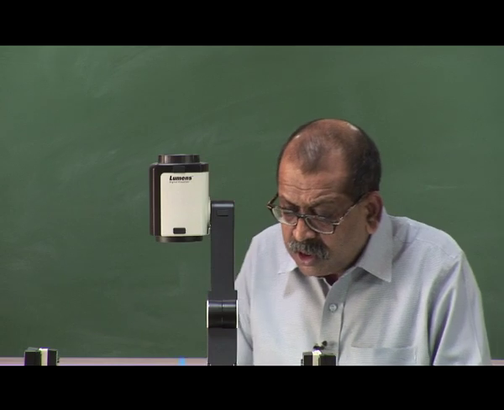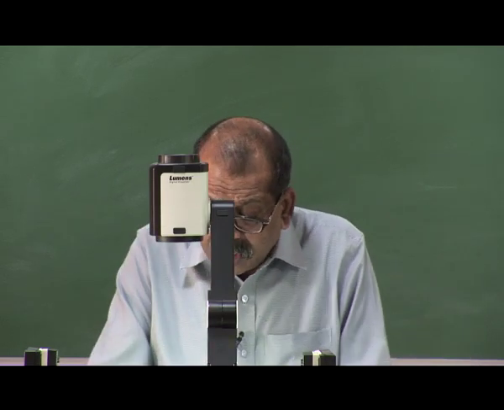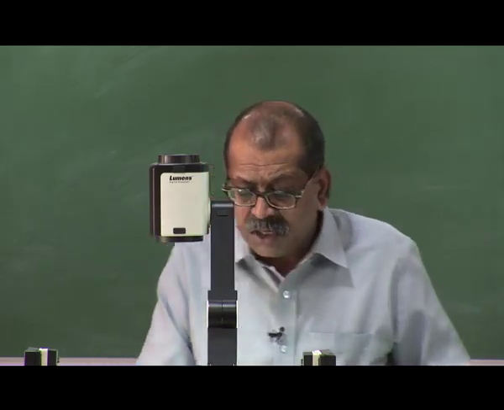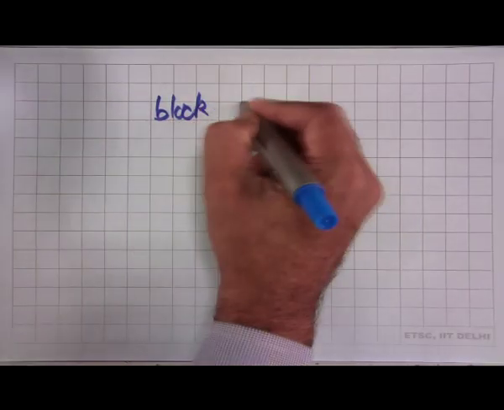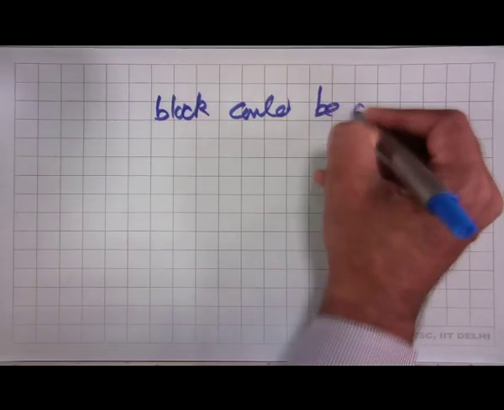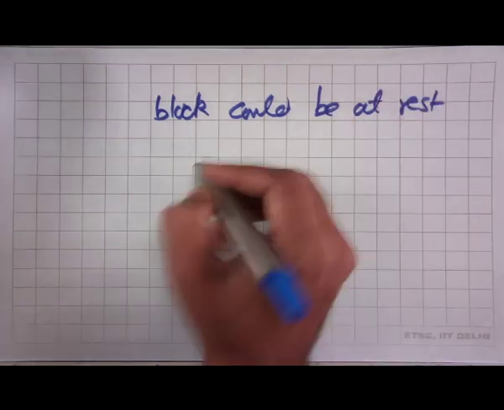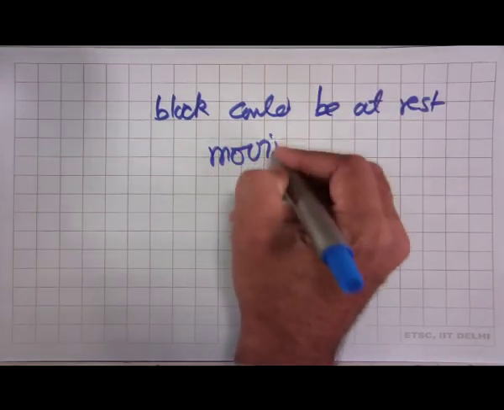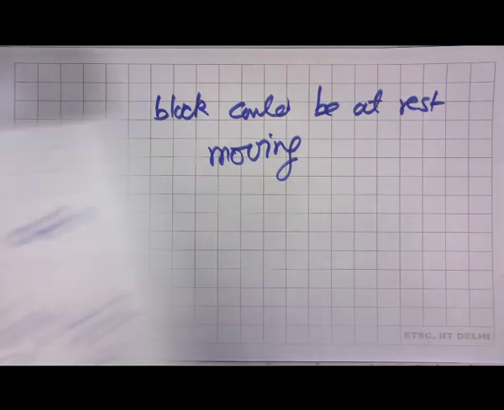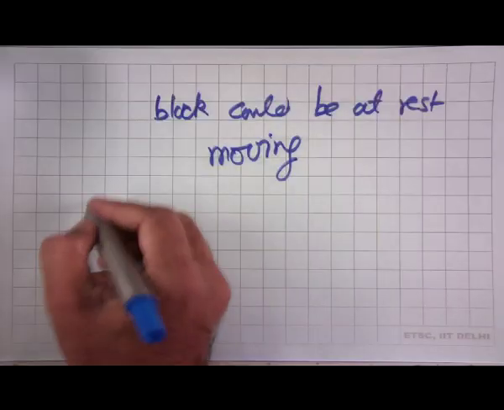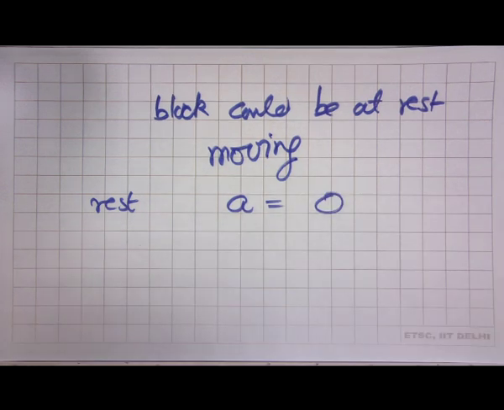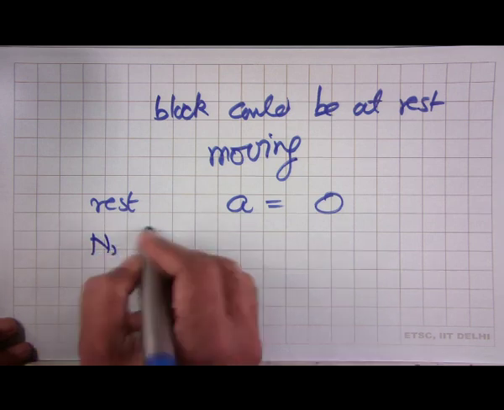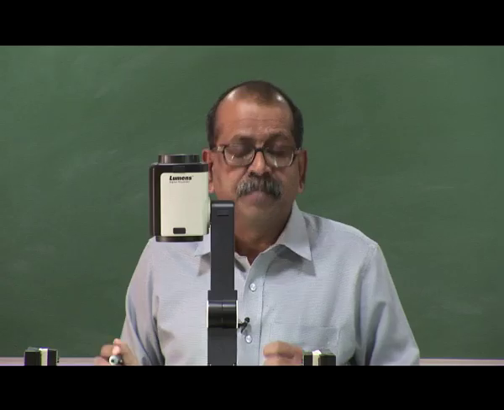And that comes from the fact that in this situation, the body, either the block could be at rest or it could be moving. If the block is at rest, then we have the third information that acceleration is equal to 0. So then we have two unknowns, N and F, and we can solve the problem.